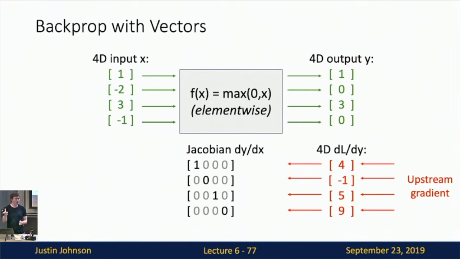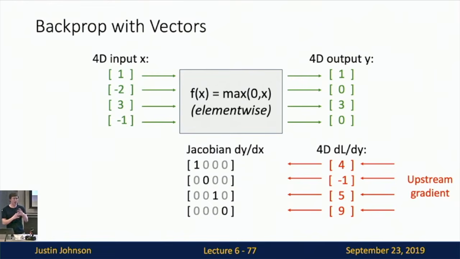Because the off-diagonal elements of the Jacobian tell us how element i of the input affects element j of the output, where i and j are not equal. So for this element-wise function, all those off-diagonal elements of the Jacobian are 0. And for the on-diagonal elements, that becomes this scalar-valued derivative, which tells us how much the ReLU changes as a function of changing the input. So for the positive valued inputs, they'll have a local gradient of 1 on the diagonal, and for the negative inputs, they'll have a local derivative of 0 on the diagonal.